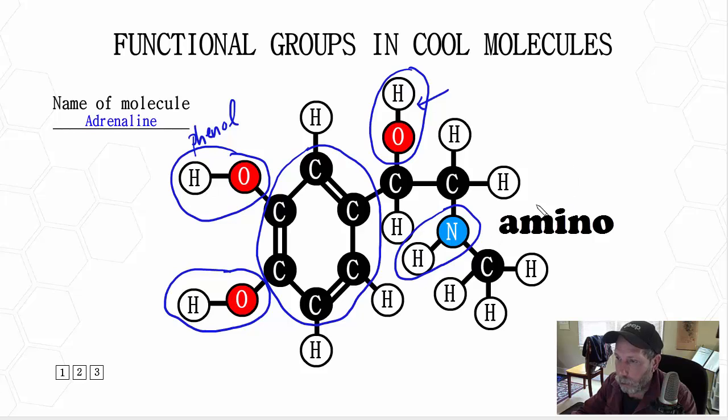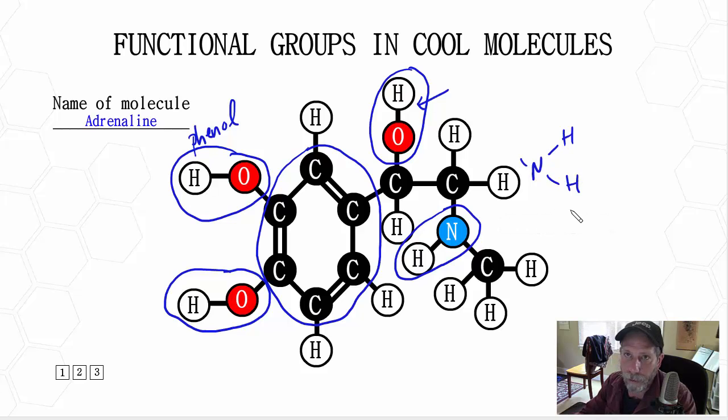Normally, you would be used to seeing amino as NH2 and then the nitrogen connected to a carbon chain or something like that. There's no hydrogen here, and that's because nitrogen makes its 3 bonds, and it doesn't need that hydrogen. This is still an amino. So, you have to be aware of that and look carefully at these things and just come up with the best possible names you can for the functional groups.